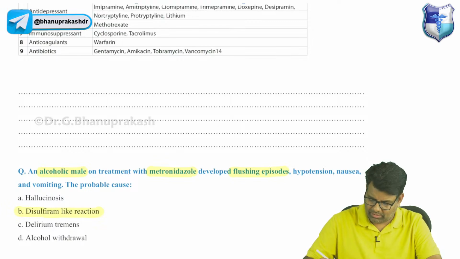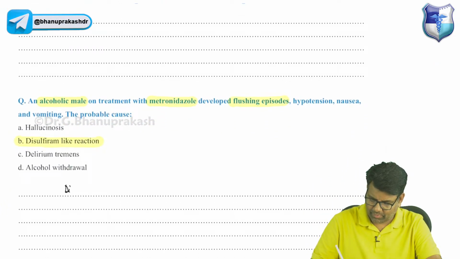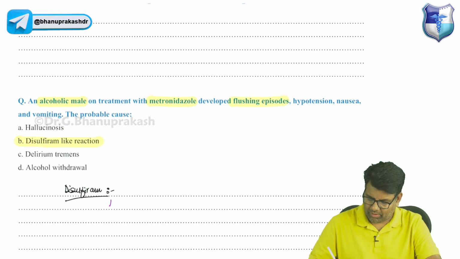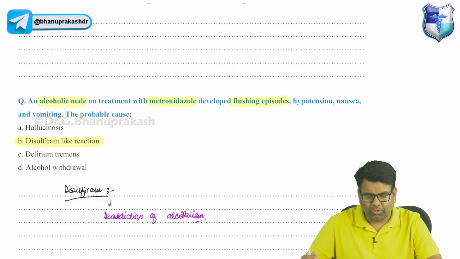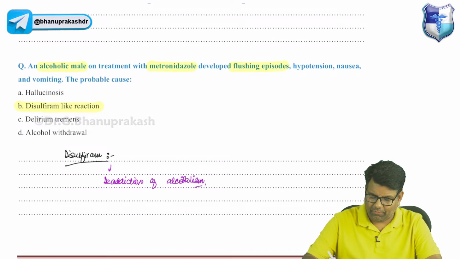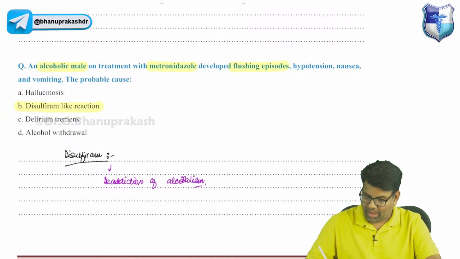Now, what actually is this drug disulfiram? Disulfiram is given for de-addiction of alcoholism. If a patient is taking disulfiram and consumes alcohol at the same time, there will be a severe reaction in the form of flushing.